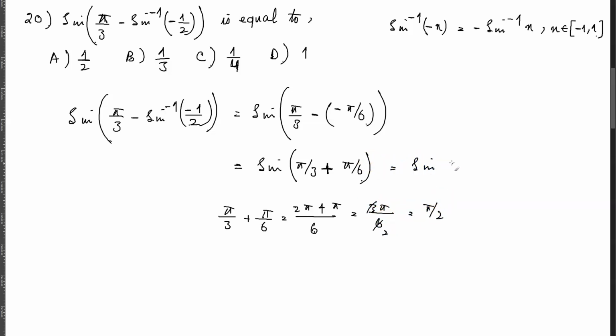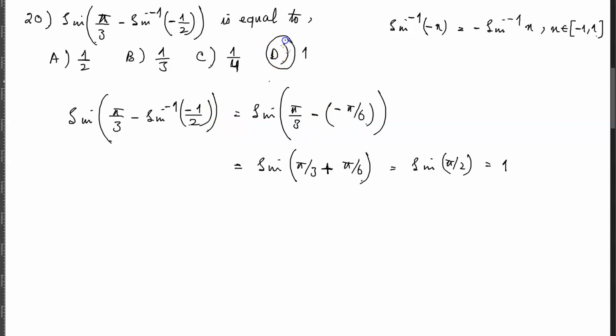So that's the sine of pi by 2, and the sine of pi by 2 is equal to 1. And that is basically your answer there. So the answer over here would be choice D.